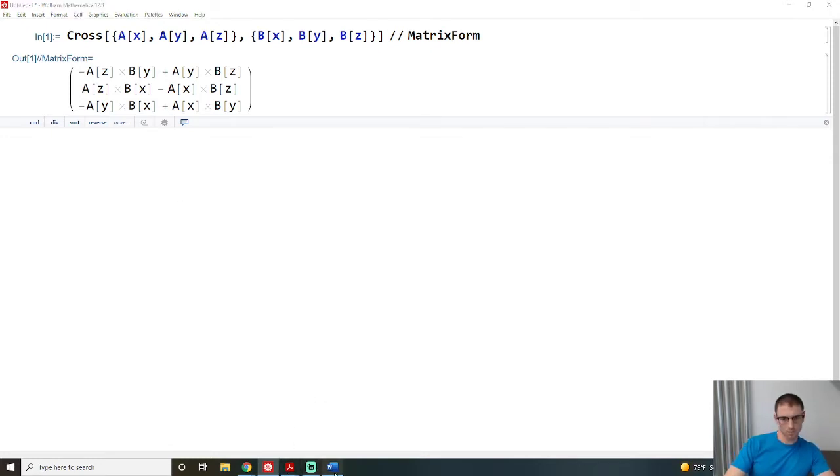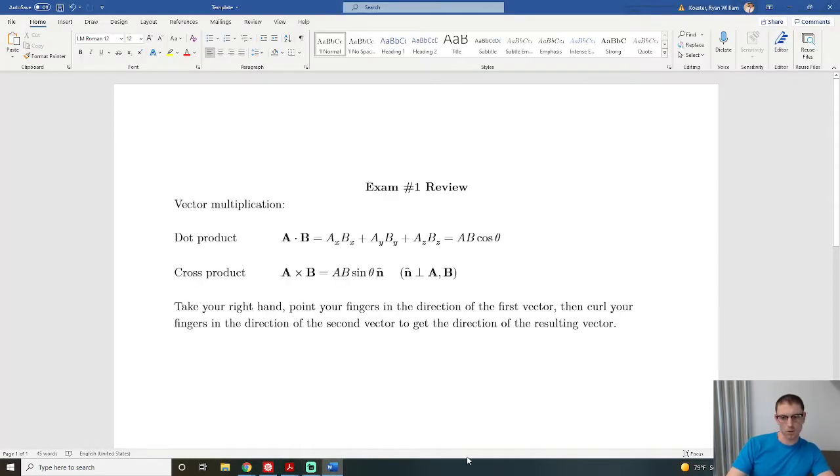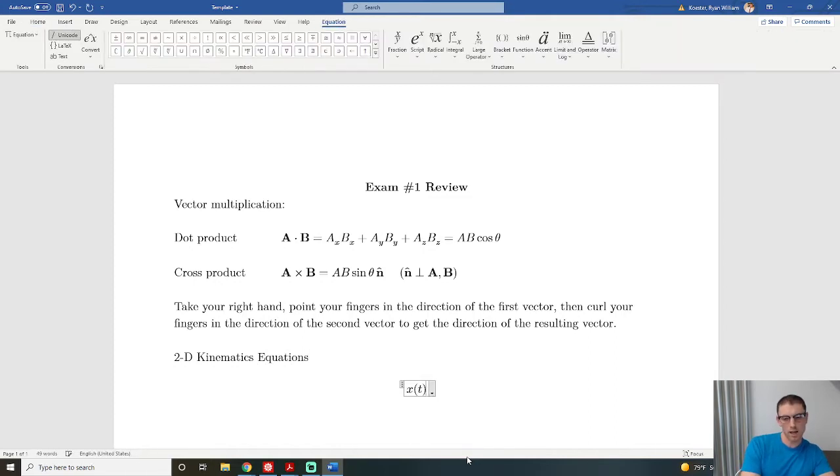All right, let's see. Okay, that's it for the cross product then and the dot product. Let's talk about kinematics. So I'll just write out the 2D kinematics equations. Generally, right, we have x as a function of time is just x naught plus the initial velocity in the x direction times t plus 1/2 a x t squared.